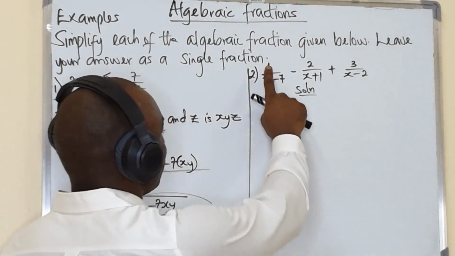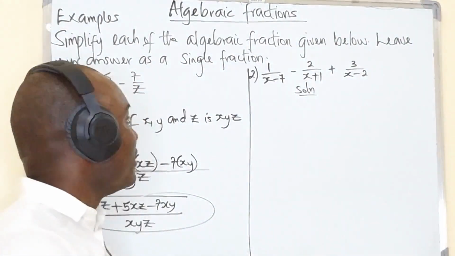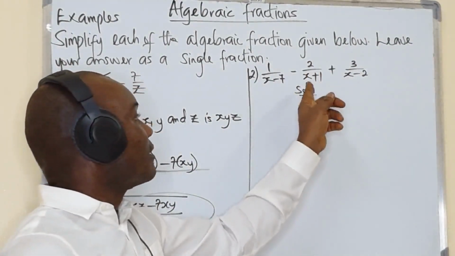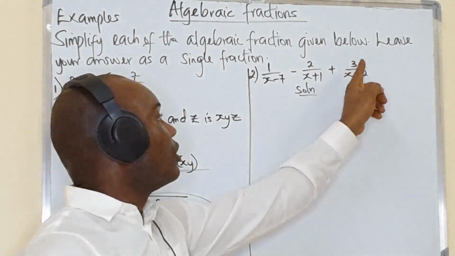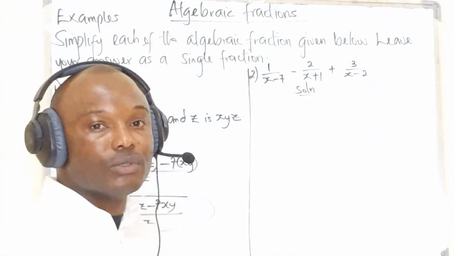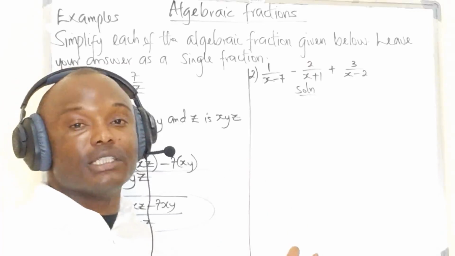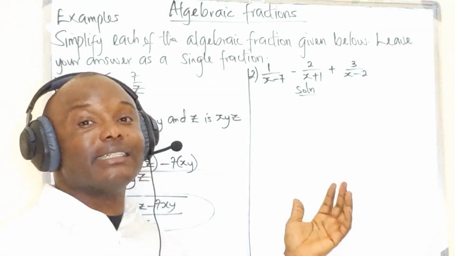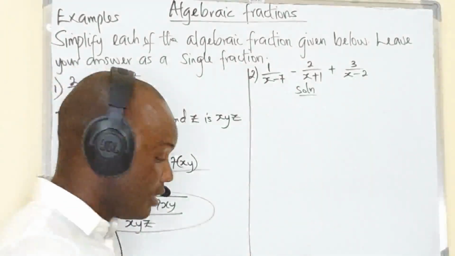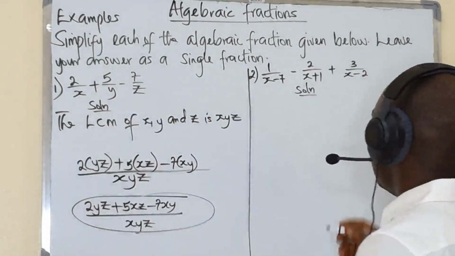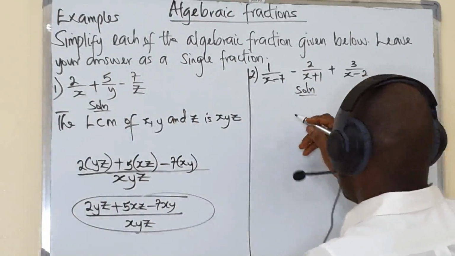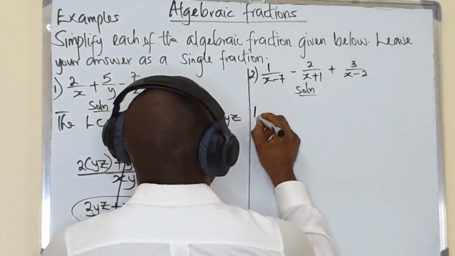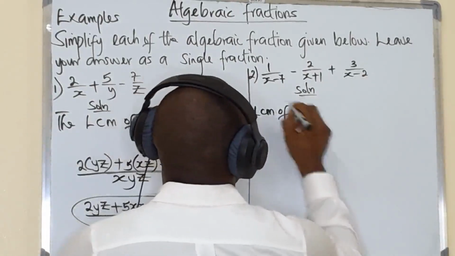Example 2 has 1 upon x minus 7 minus 2 upon x plus 1 plus 3 upon x minus 2. We are going to apply the same strategy of common denominator to work things out, and in that case the LCM will help us to do that. So to approach this problem, I'll begin first by writing out the LCM of the denominators.